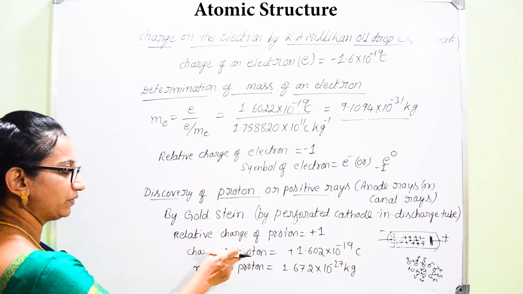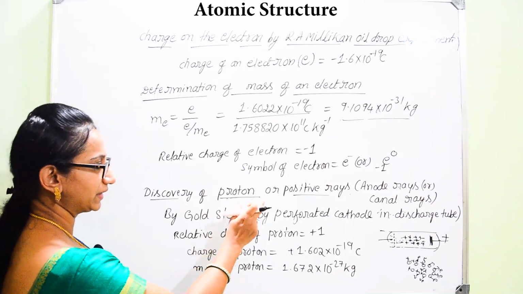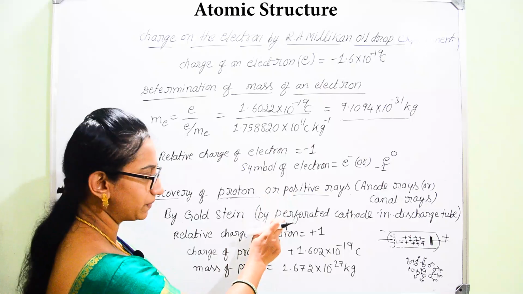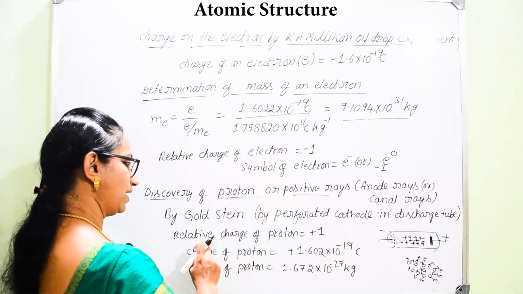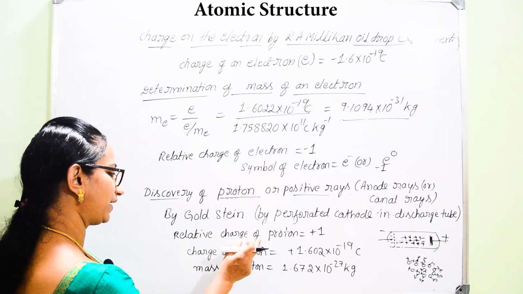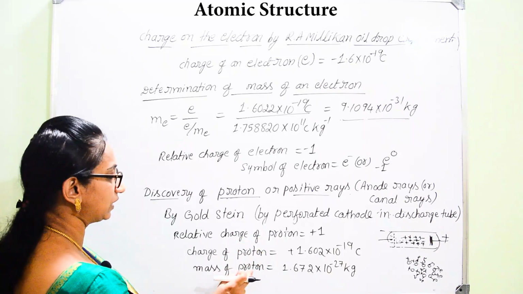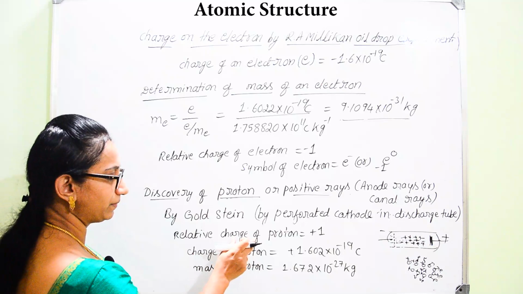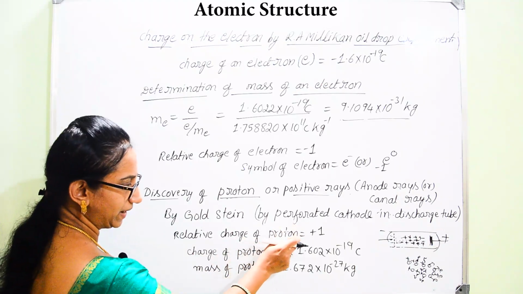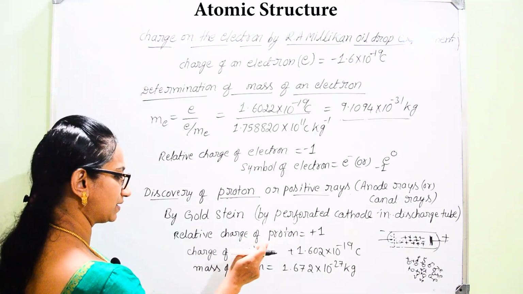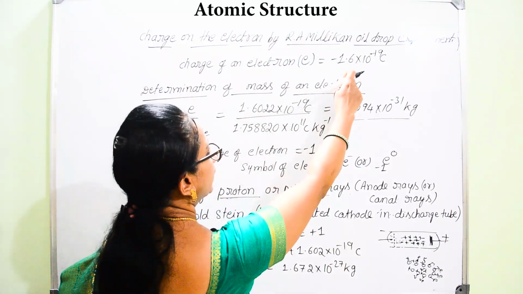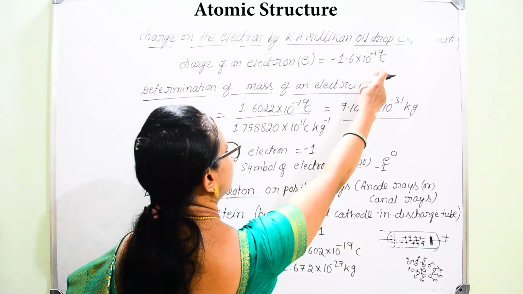So now we came to know that an atom contains negatively charged particles called electrons and positively charged particles called protons. Now of course, if you compare the charge value and mass value of proton, in case there are equal numbers of positive and negative charged particles, then the electron charge will be exactly equal to minus 1.6 into 10 power minus 19 coulomb.